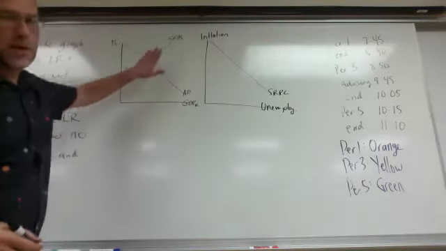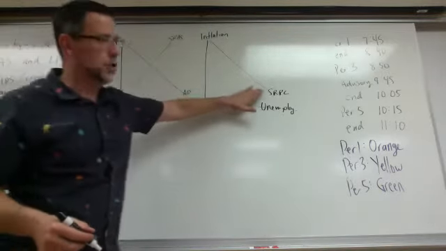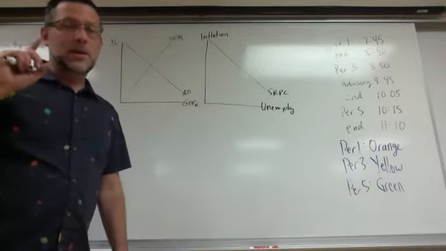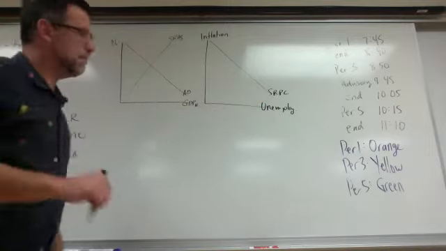All right, so I've got my short run aggregate supply, aggregate demand, short run Phillips curve. I got my labels on my axes here. Step 2, line them up.